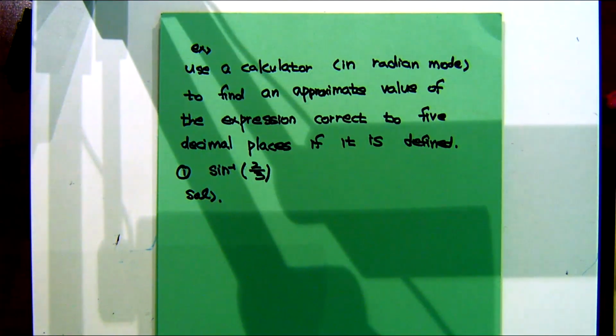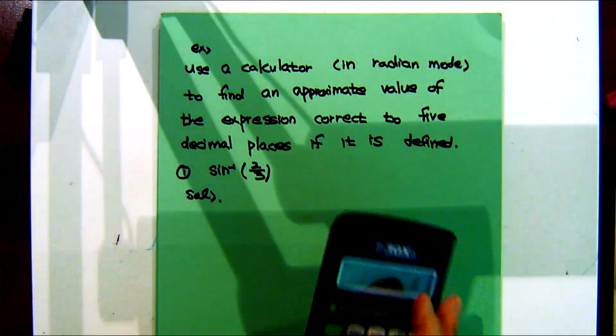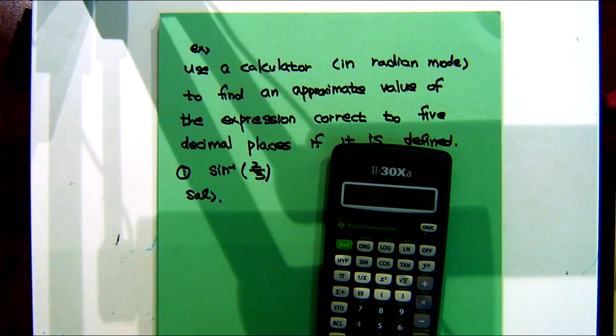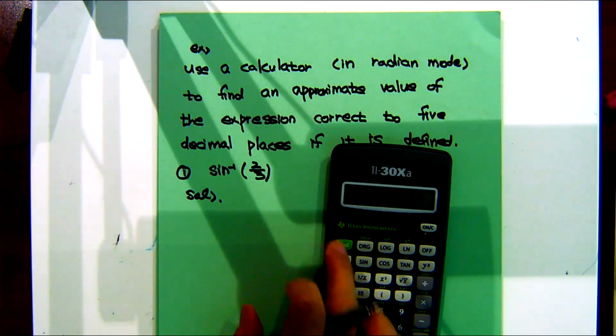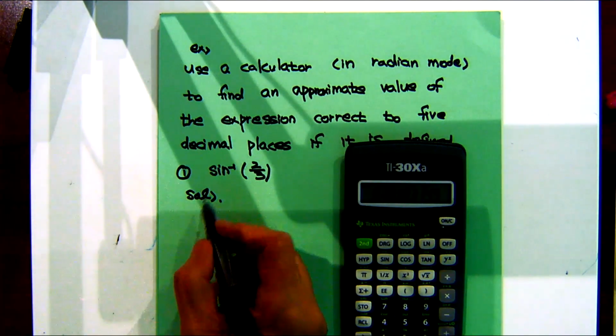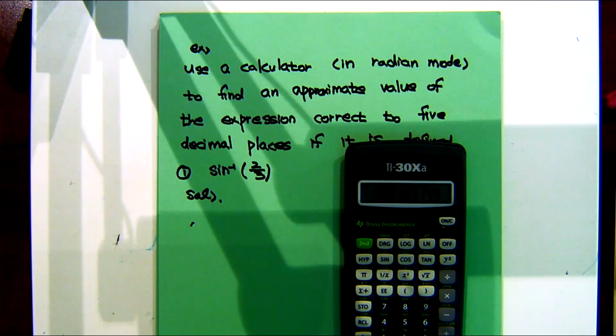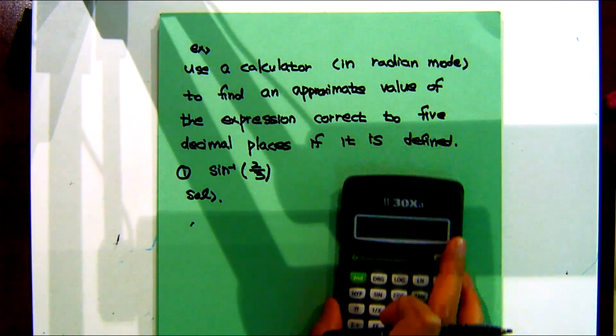So let's learn about how to do it. 2 divided by 3 equals 0.666. And then inverse sine, so second sine. I think the mode is wrong.